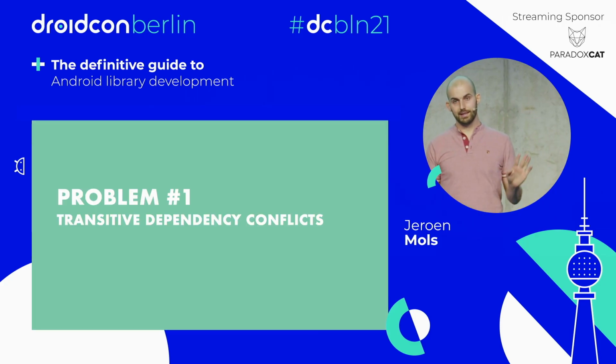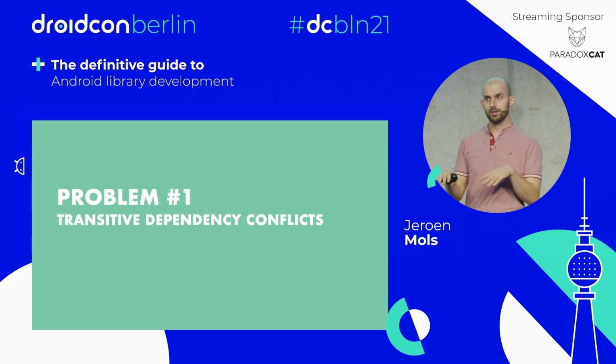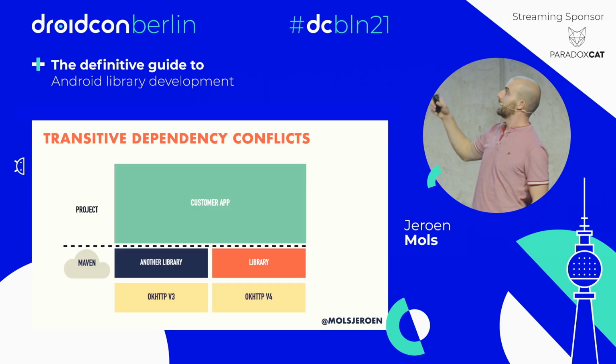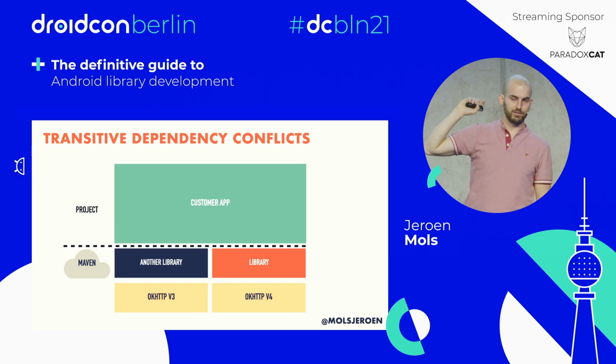The first thing is those transitive dependency versions could conflict. So for instance, if an app is using our library and another library, and imagine that the other library is relying on OkHttp v3 and we're relying on OkHttp v4.